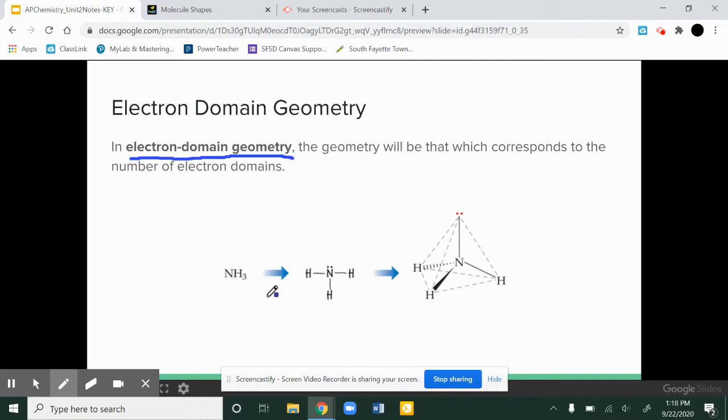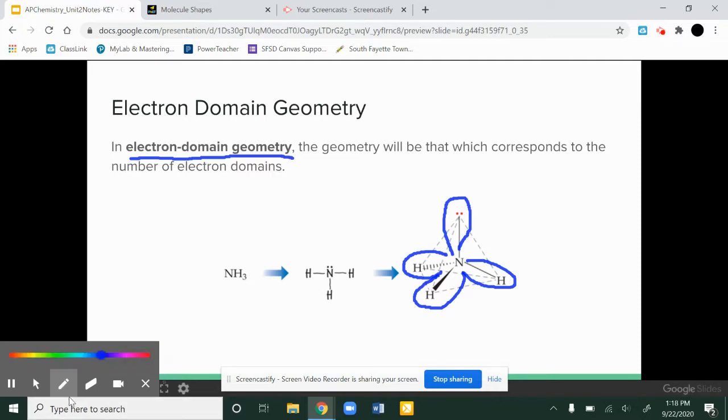When we look at NH3, which is ammonia, we know that ammonia has 3 bonding domains and 1 non-bonding domain, but the total number of domains is 4. So we say that its electron domain geometry is tetrahedral. However, we know that its molecular geometry is trigonal pyramidal because we ignore the essentially massless electrons when we come down to actual molecular shape.